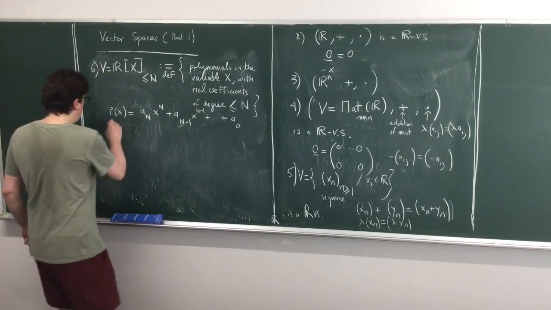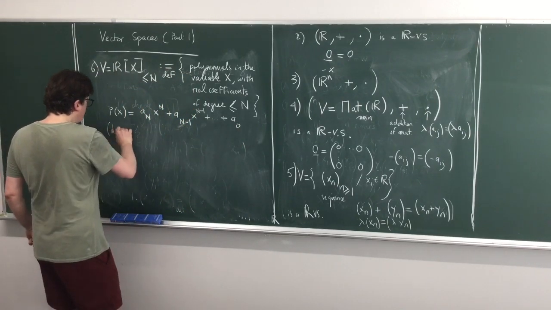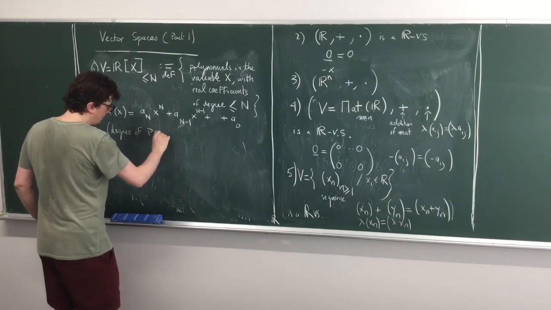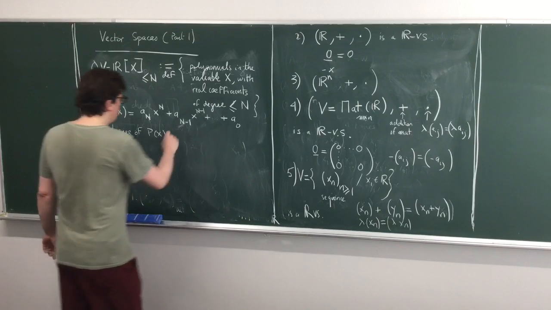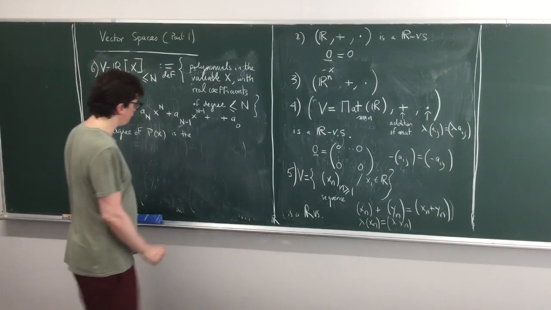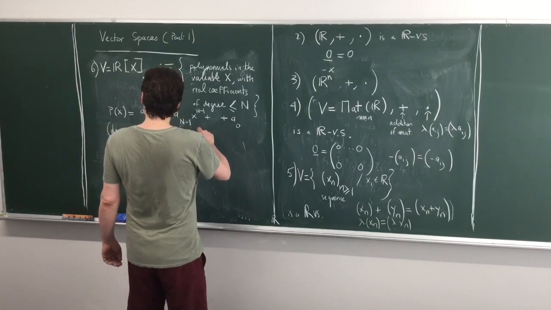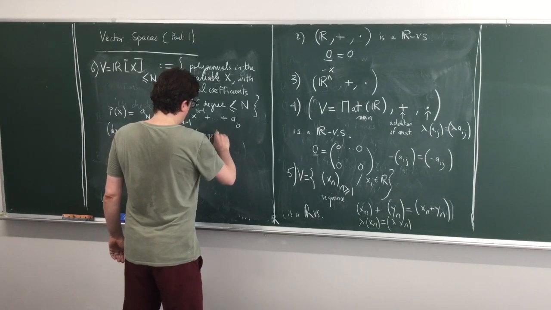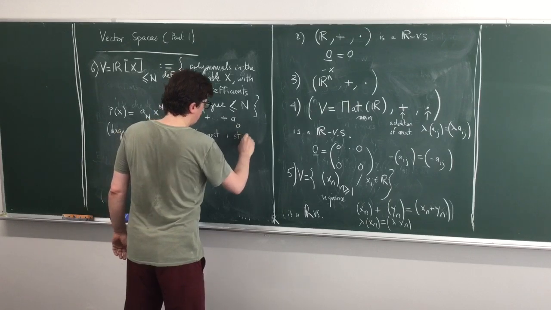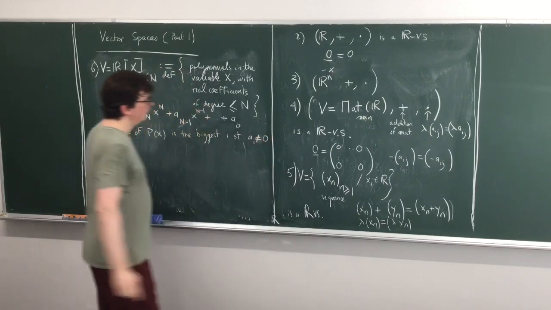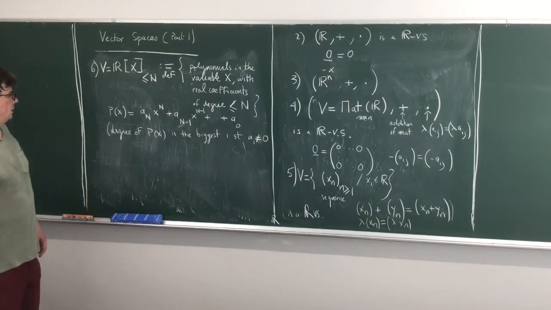So the degree of P(x) is the biggest i such that a_i is non-zero. This is the definition of the degree.